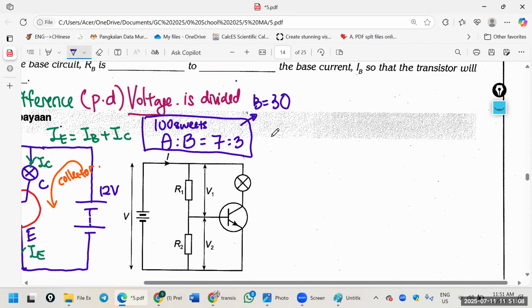How do I know? Right, it is 100 times 3, then divided by 10. So B gets a fraction times the 100 total. What is at the bottom?